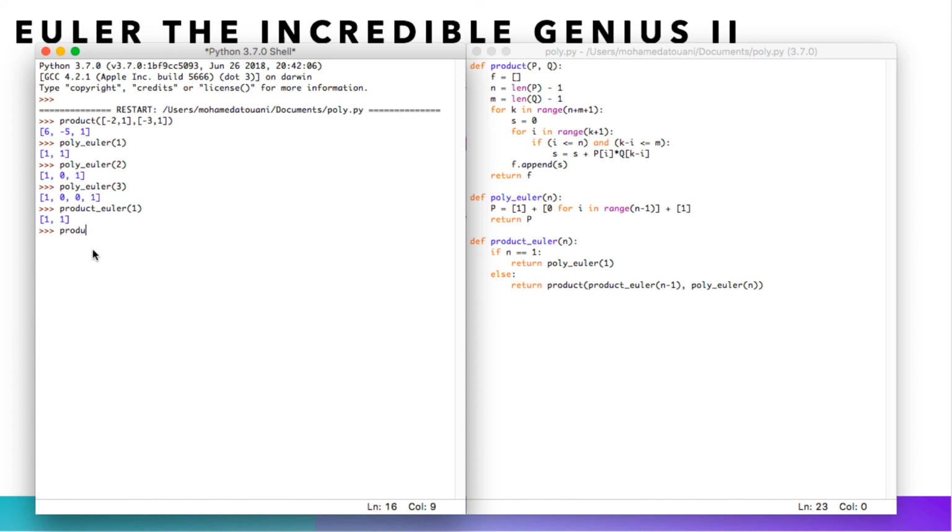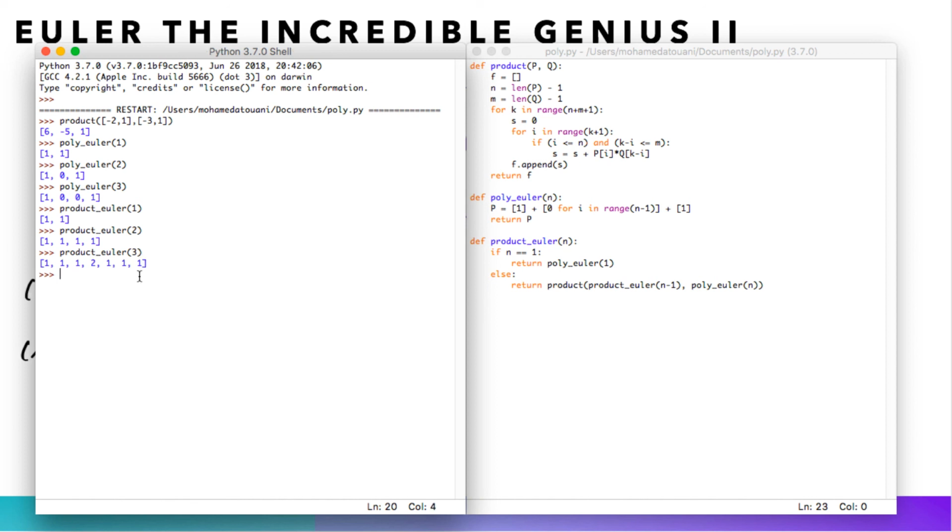Now product Euler of 2 should give us 1 plus x times 1 plus x squared, which is equal to 1 plus x plus x squared plus x cubed. Is this so? Let us check. Sure. So we get here x cubed plus x squared plus x plus 1. Great job. Now we check product Euler with 3, which should give us 1 plus x times 1 plus x squared times 1 plus x cubed.